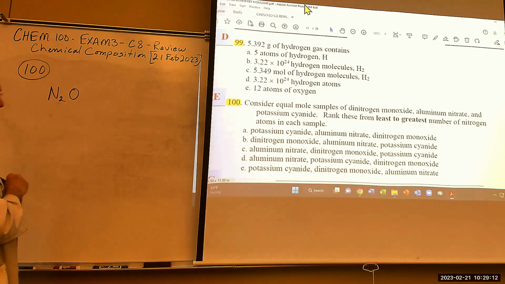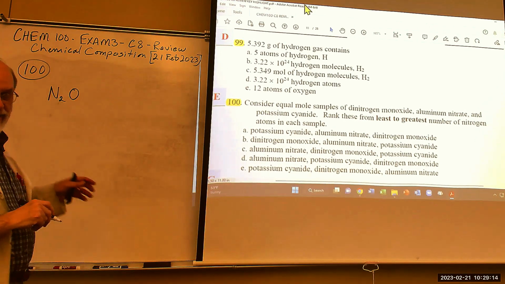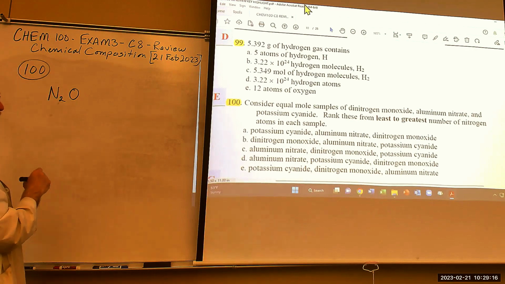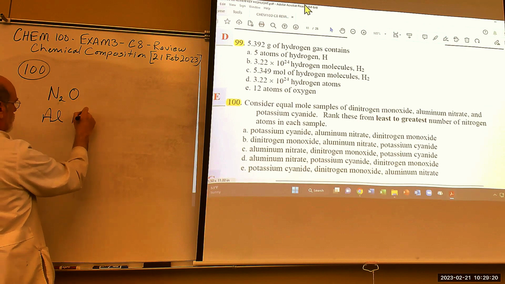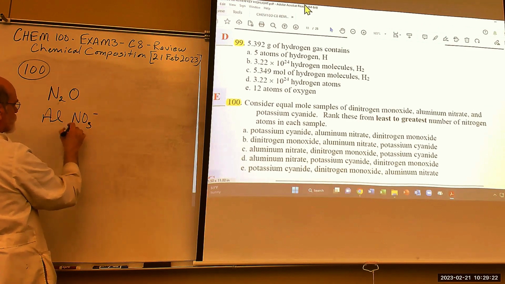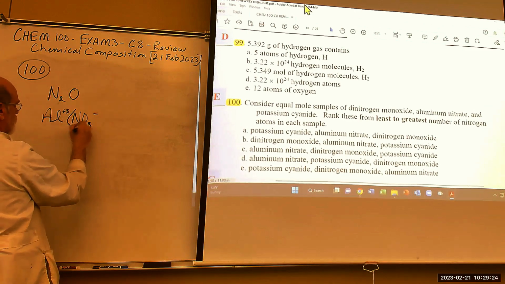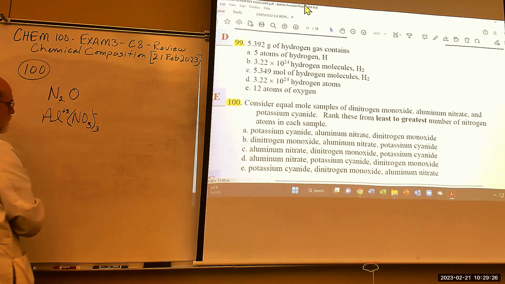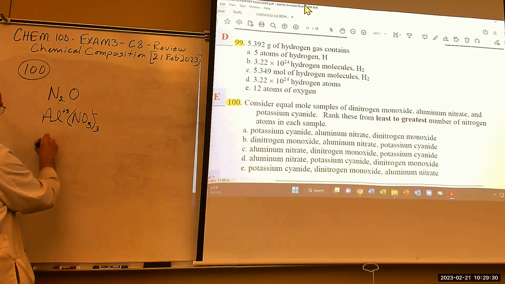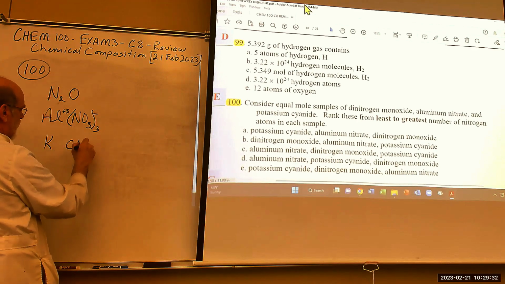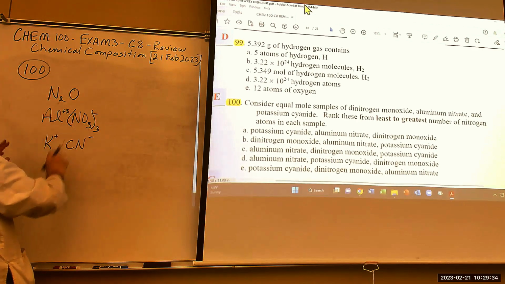that one, which is laughing gas, nitrous oxide. Aluminum nitrate, aluminum NO3, that's a minus charge, this is a +3, so we need 3 of those. And potassium cyanide, that's a minus, that's a plus, they're good.